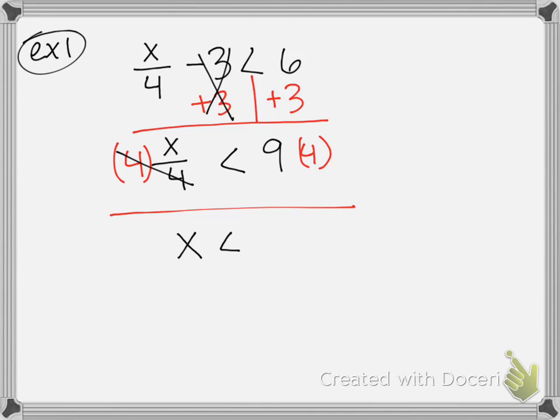Okay, and then we can say, what's 9 times 4? That is 36. Okay, I want to check my answer. My check is variable, my inequality, and then my answer, so I know that's correct, and that's going to be my answer. Okay, so all x can be anything that is less than 36.